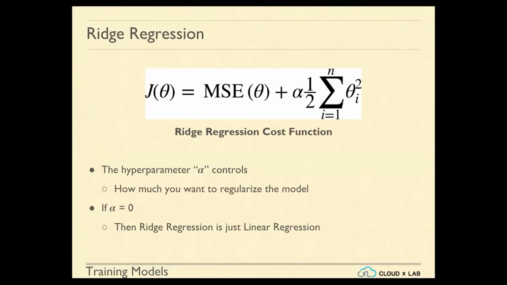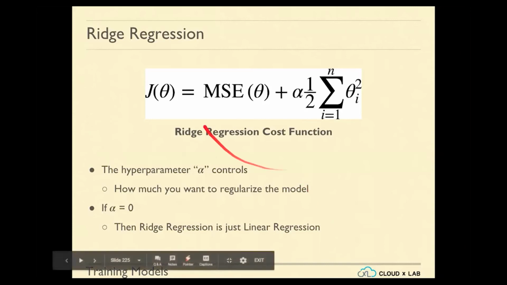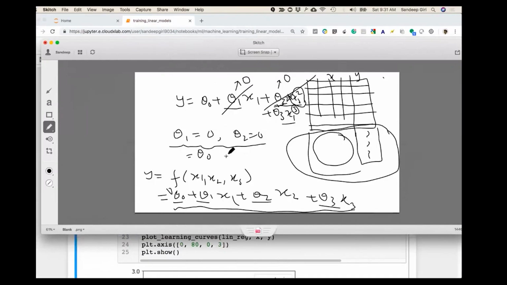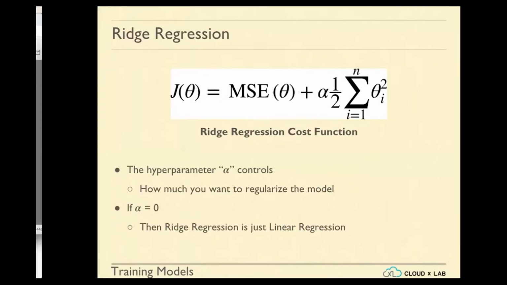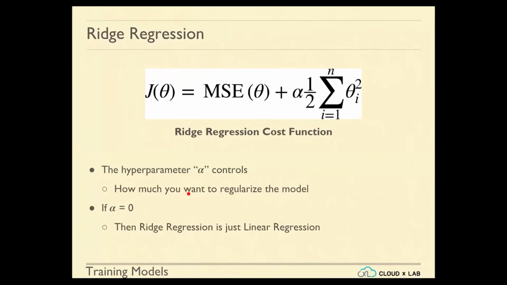So the error that we have, J, this was our usual one, whatever is the mean square error, like y predicted minus y actual, squared and summed. And to that, we are adding one more big term here. Now there is an alpha that you see. This alpha controls how much regularization we want.